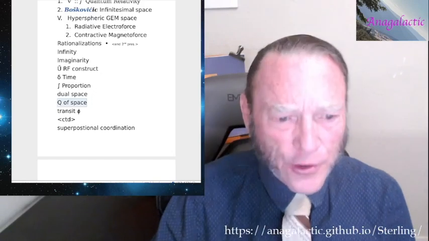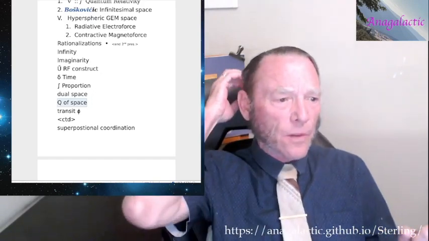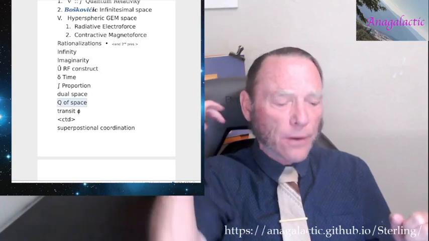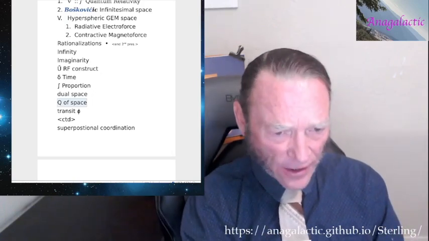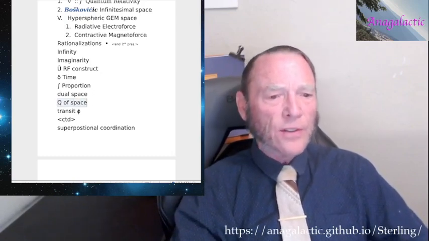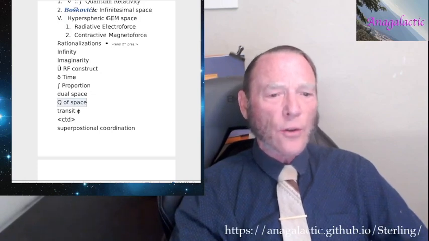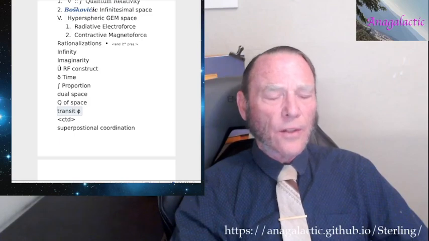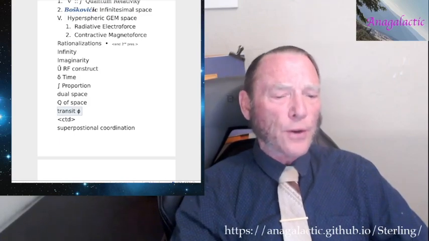Now, the problem with space is that it's Euclidean. Well, for 2,500 years, your entire scientific community has been in kindergarten. It's time to go to college. You'll need the quantum of space. That's the solution to the quantum paradox. I got it. And here is the other aspect of the quantum paradox: the transit of the photon through free space.